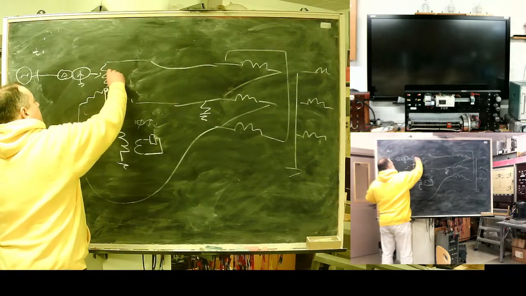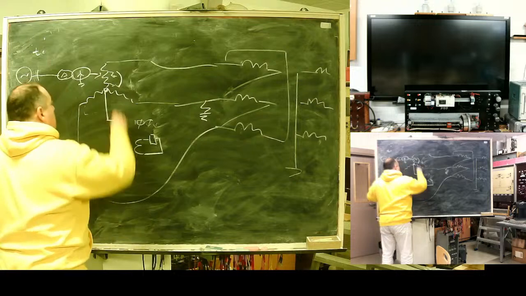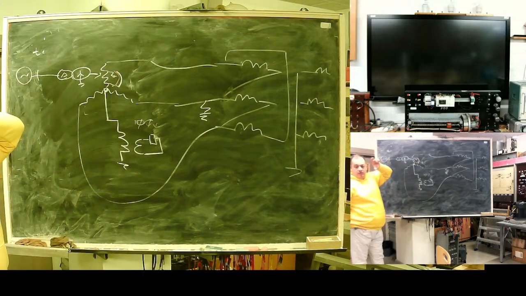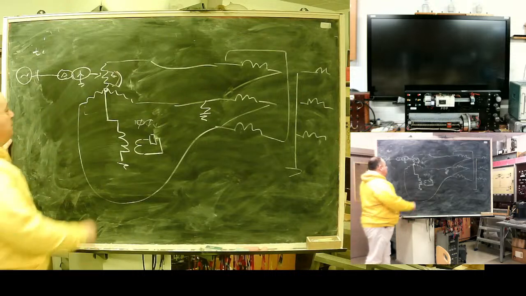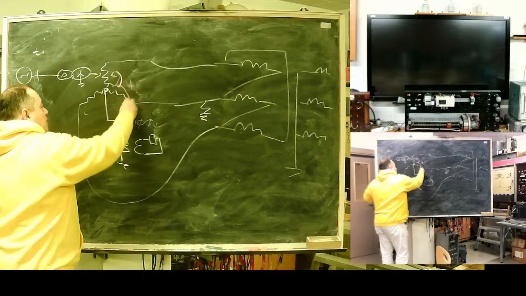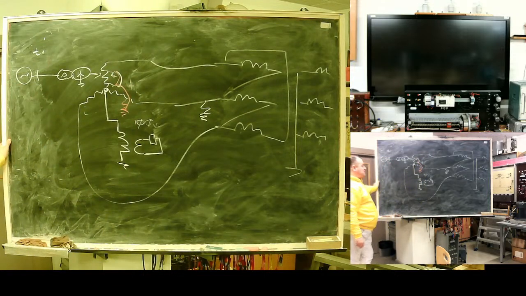If we have a pair of earth faults, we are in trouble. In this case, maybe a second earth fault here. It's a guaranteed disaster.